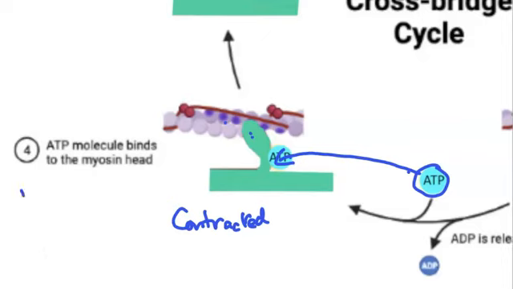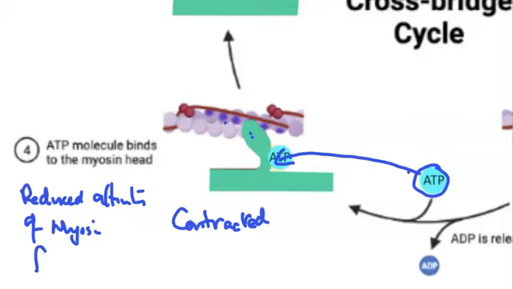So let me just annotate: reduced affinity of myosin for actin. And of course, this is going to lead to a detachment of the myosin bridge from the actin.